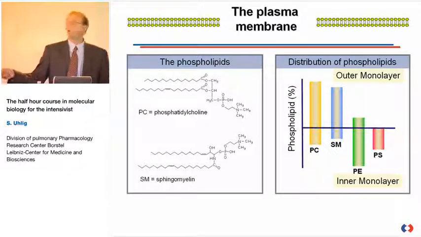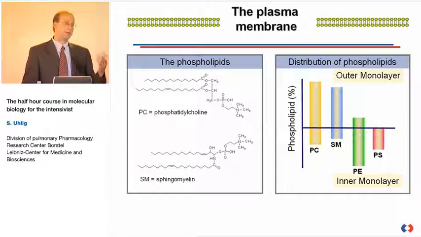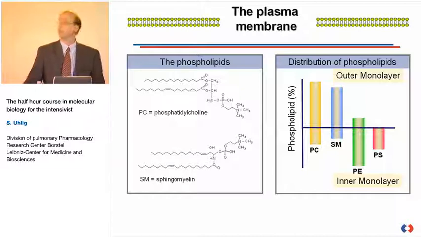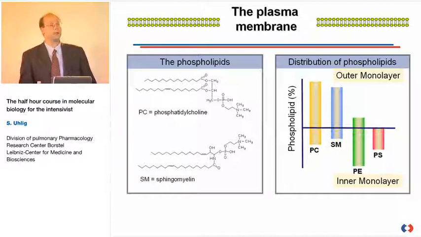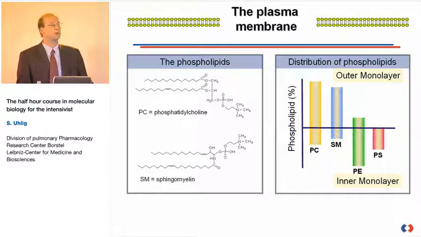And I think this molecule has been around for a long time, and many people are familiar with it. Now there is a new, well, not a new class, but a class that recently has become more and more important in our understanding of the cell, and those are the sphingolipids. One important sphingolipid is sphingomyelin, as you see here. If you look at the structures, sphingomyelin is not really so much different from phosphatidylcholine.